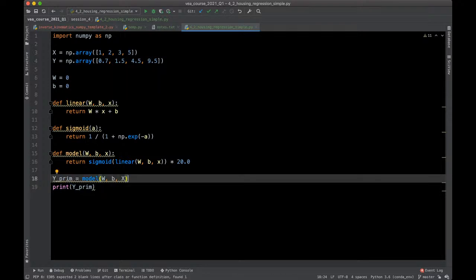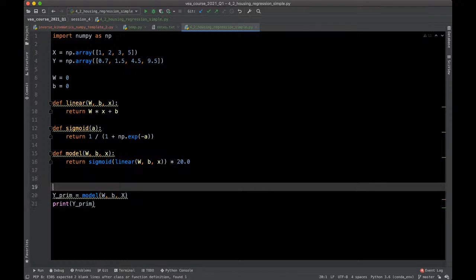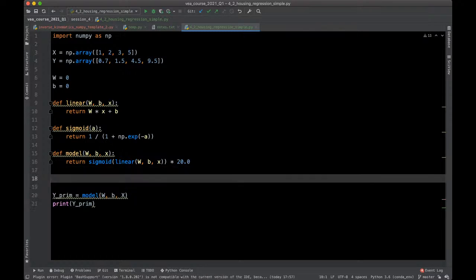So the next step is that we need to calculate the loss function, right? So def loss, and for the loss we have the input of y and y prim.